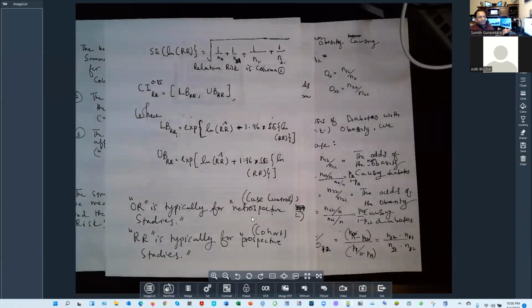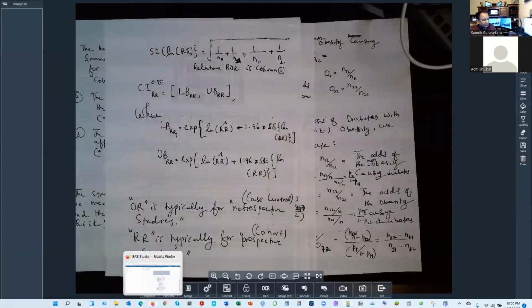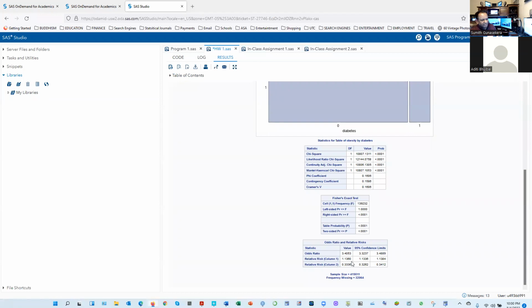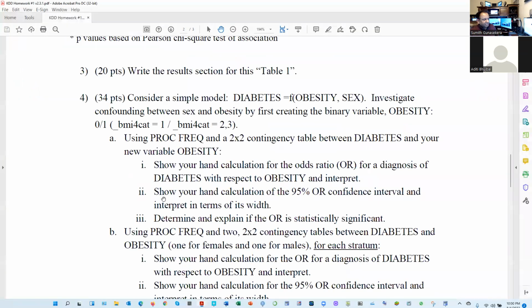If the data is available from some kind of previous research, you go ahead and analyze that, and that is called a retrospective study. But here, in one shot you have the answers. You can compare and contrast and see.